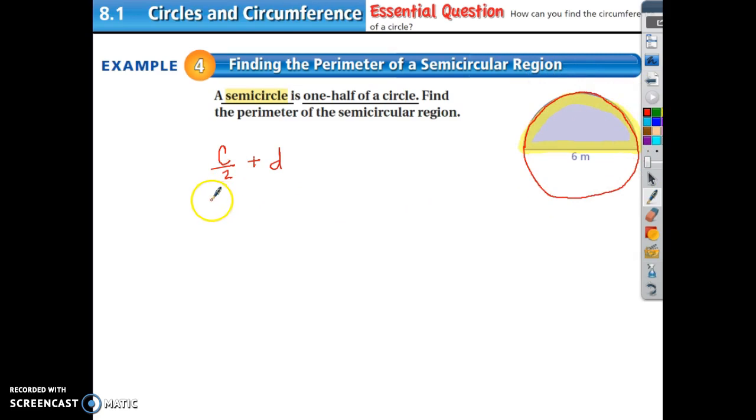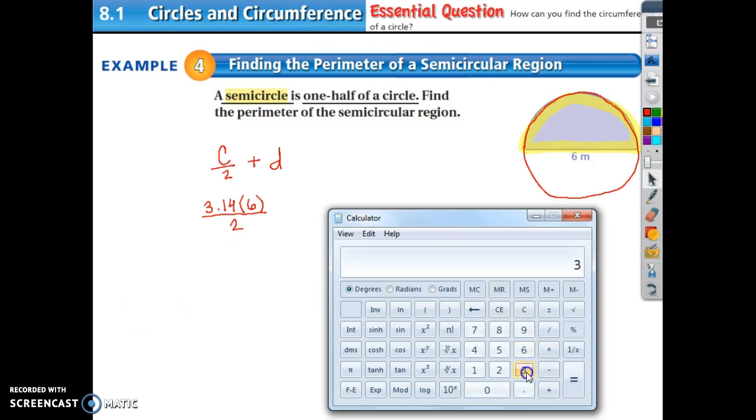Well, circumference is equal to pi times diameter, or 3.14 times the diameter of my circle. And the diameter of my circle, as we can see here in this drawing, is 6. But then I want to take that circumference and divide it by 2. So if we get out a calculator, we can easily multiply to see what our numerator becomes. 3.14 times 6 gives me 18.84.